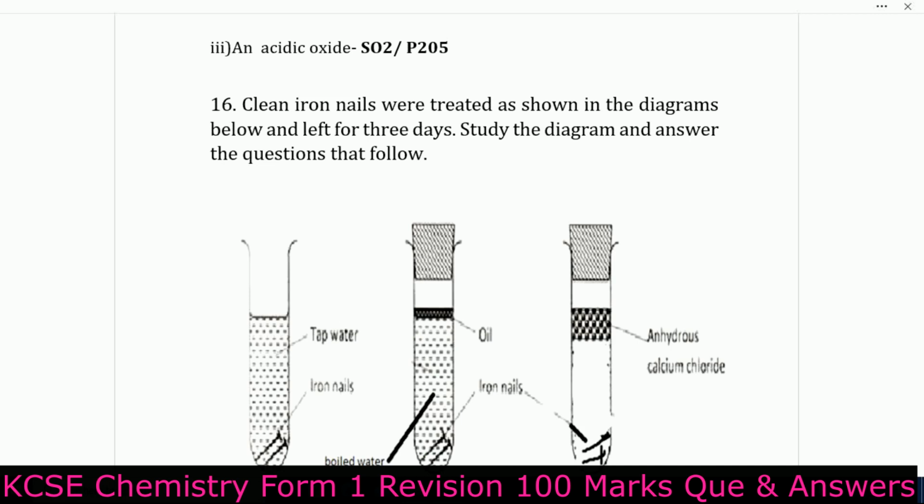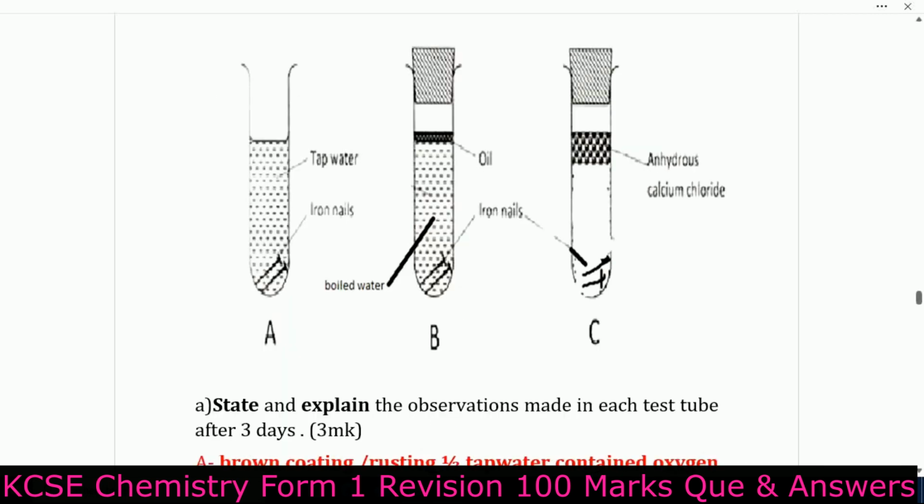Number 16, clean iron nails were treated as shown in the diagram below and left for 3 days. Study the diagram and answer the questions that follow. So we have experiment A, B, and C. We have experiment A, tap water with iron nails.